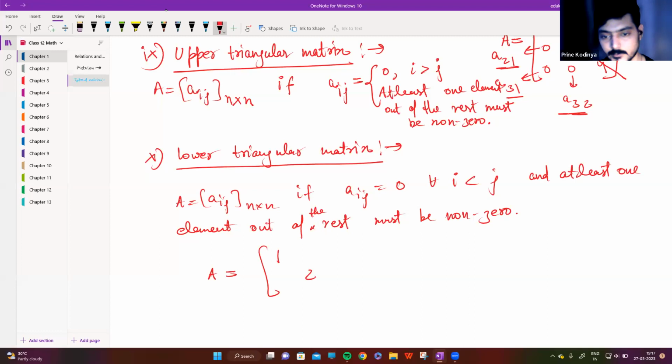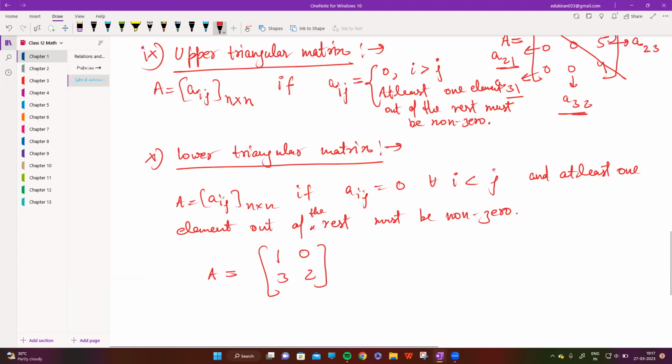I'll try to show you an example. This is a lower triangular matrix. A 2 cross 2 matrix, but still a lower triangular matrix. A 3 cross 3 matrix. This is a lower triangular matrix.